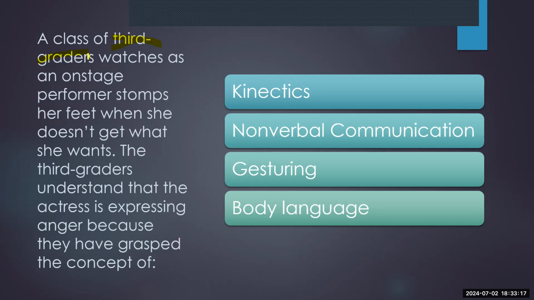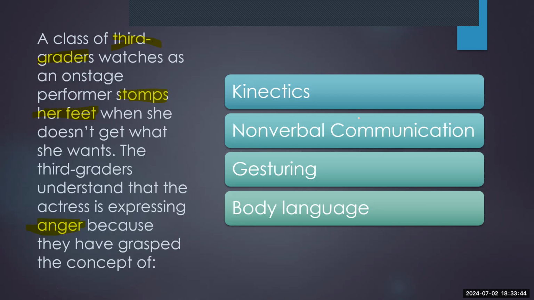All right, what else? The actress is expressing anger. How does she show this anger? By stomping her feet. And they want to know, what kind of concept is this?